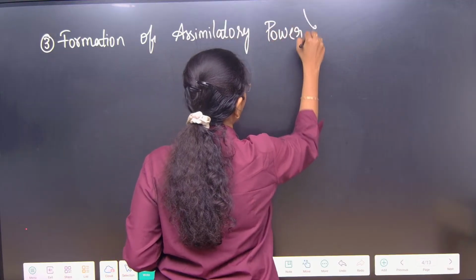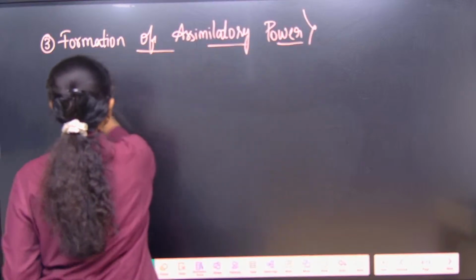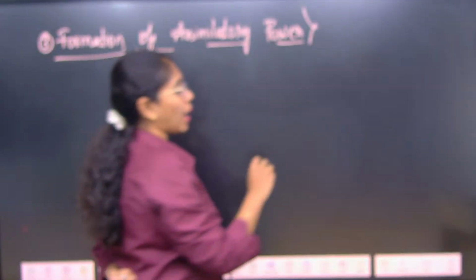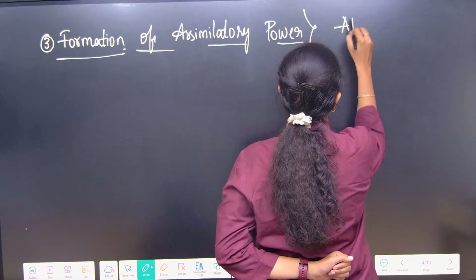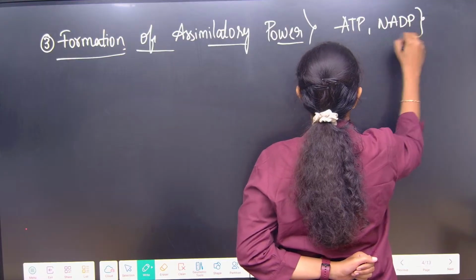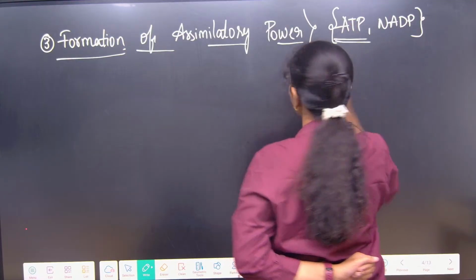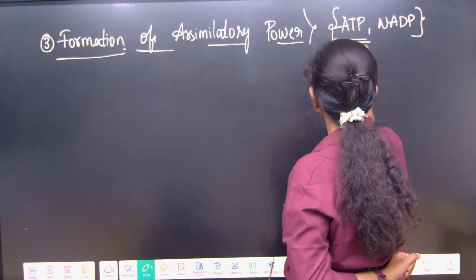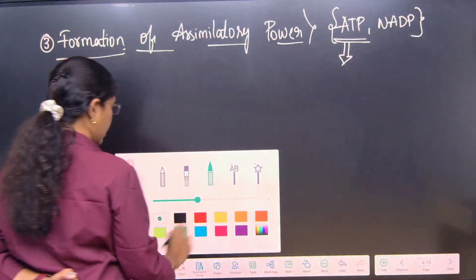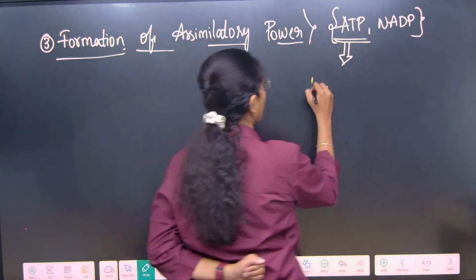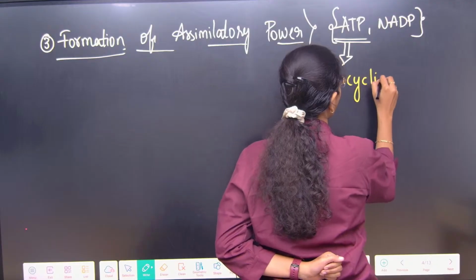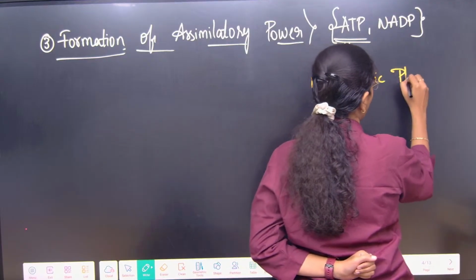Listen with much focus, interest and enthusiasm, because this is the formation of assimilatory power, that is ATP and NADPH. Formation of ATP in higher plants is learnt under the concept of non-cyclic photophosphorylation.